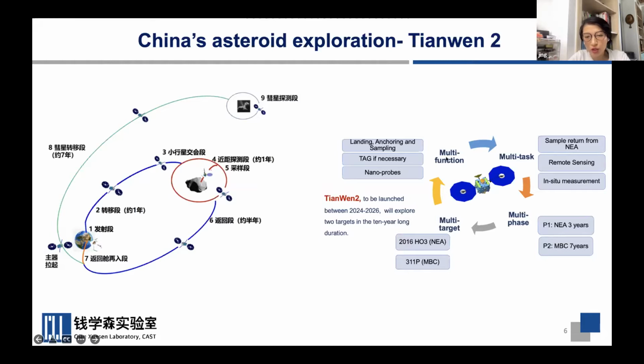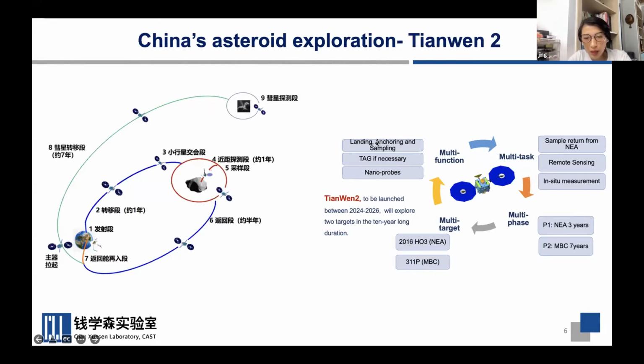Then it will continue its journey to the main belt to rendezvous with the main belt comet 311P. Originally, the target was 133P, but because of the timeline, 133P was not applicable, so we switched our target to 311P. It's a multiple function.